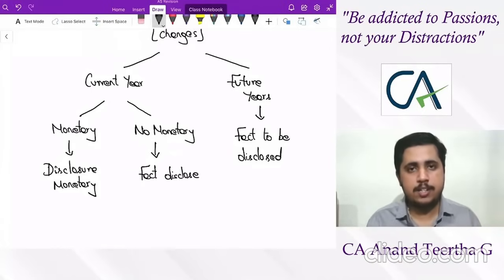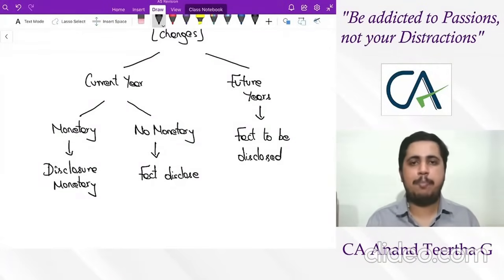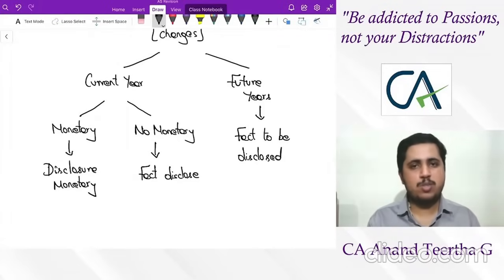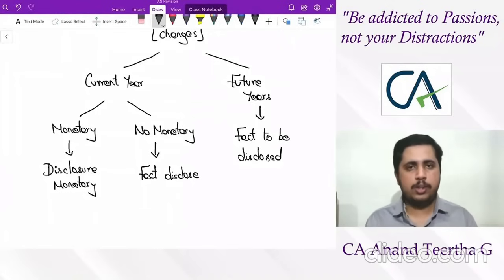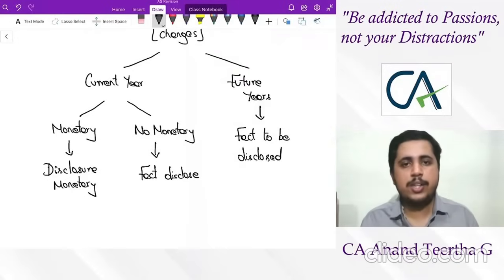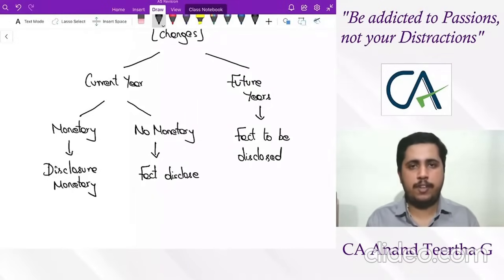For future years, tell what is going to be happening for that future year. So these are your AS1 requirements. It's a small standard, an easily remembered point, but still you have to go through all these requirements and then you can take a decision about this particular standard. So these are the theoretical basis of AS1.